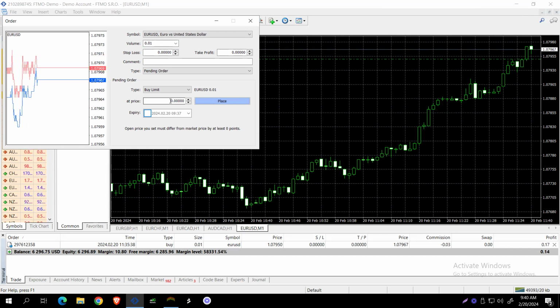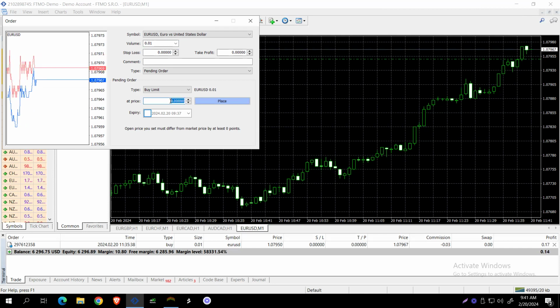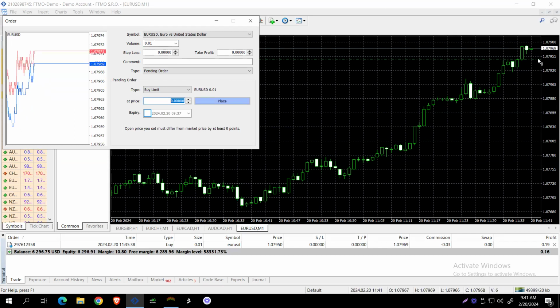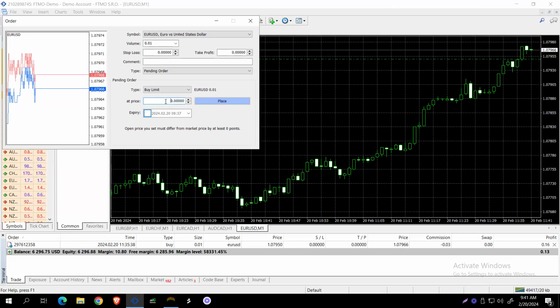So for a pending order, we need to set our price. Let's say we enter the first one around 1.07955, around that part. If we want to enter another trade at that point, we'll select the price at which we want to enter it.